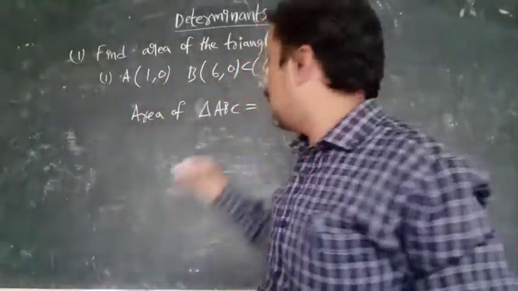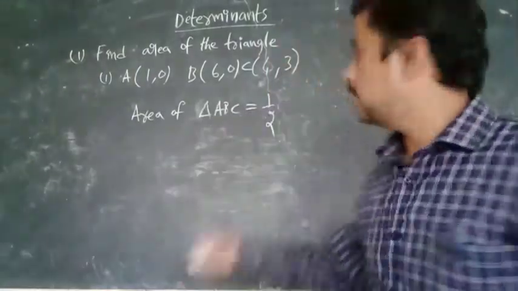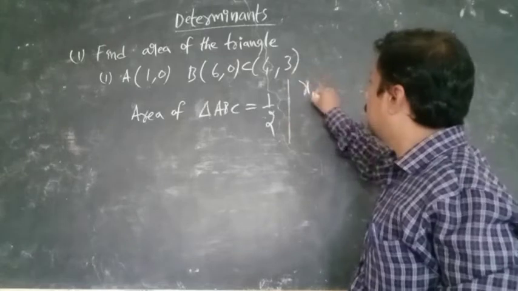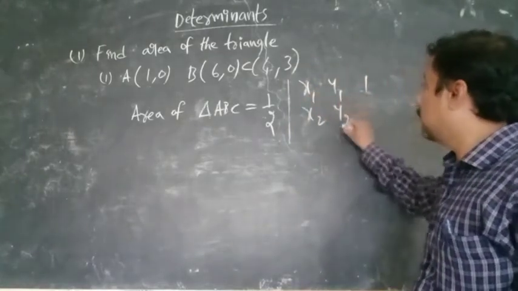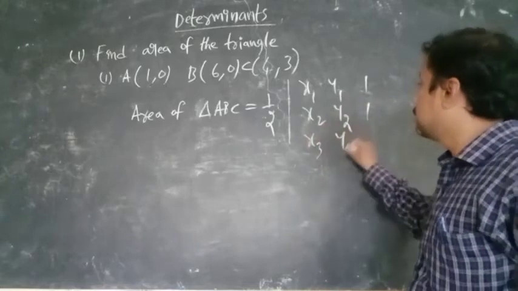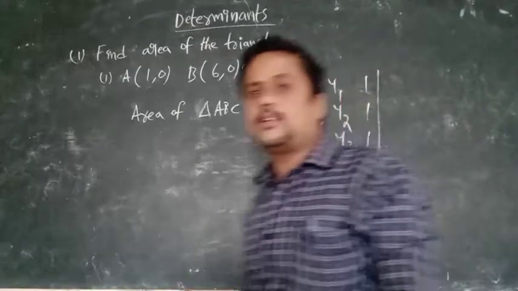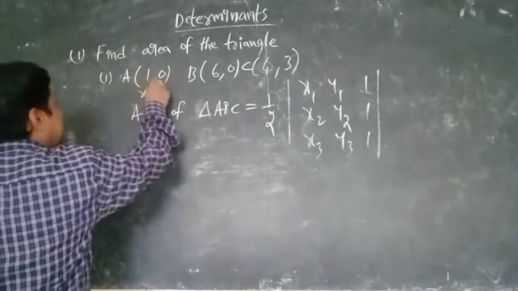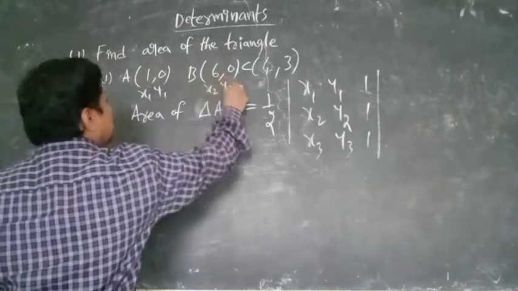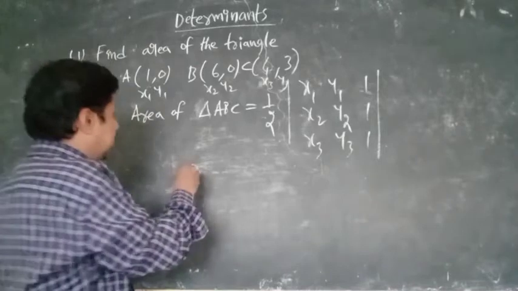Half into the determinant x1 y1 1, x2 y2 1, x3 y3 1. So this is the formula. There are 3 points: this is x1 y1, x2 y2, x3 y3.